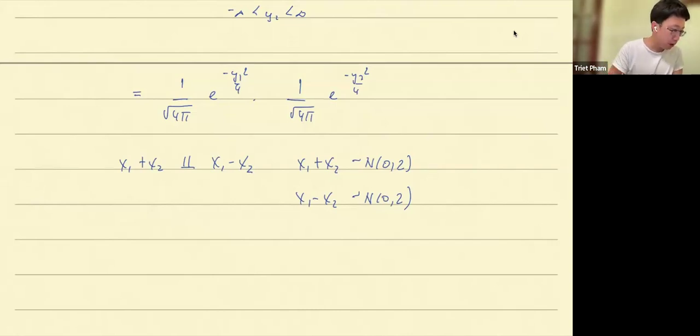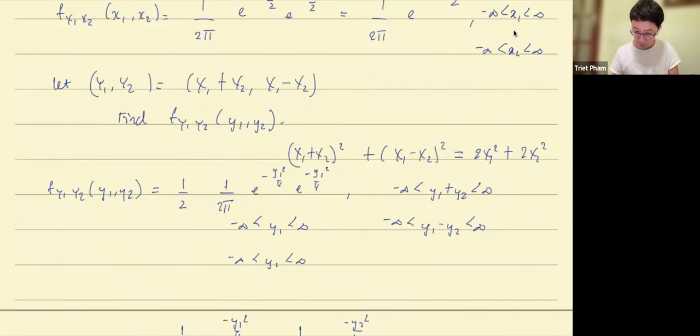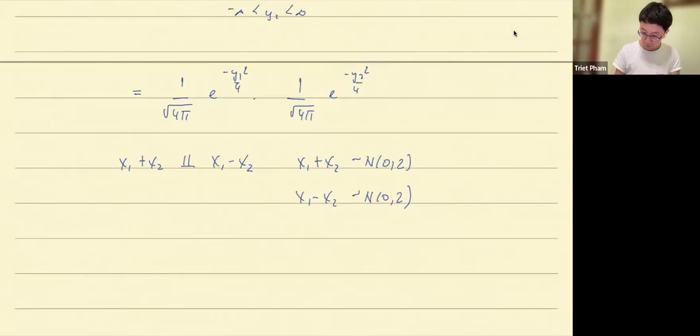All right, so let's take a look at another one. Let x1, x2 be independent standard normal. Again, so like quiz 4.